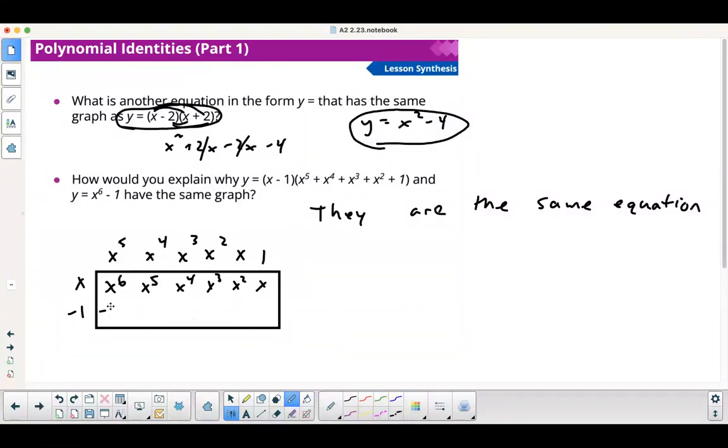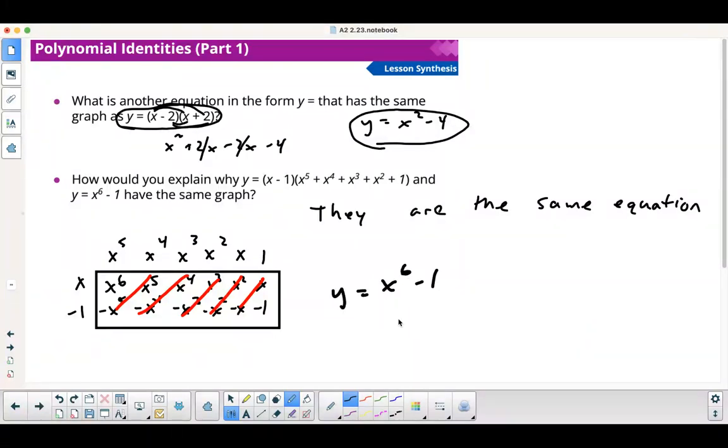And then I'd get all the negatives here, and I would just kind of say that they end up always canceling out. And I'd say, oh, okay, so these cancel, everything cancels out except for the first term and the last term, and I end up getting these two multiplied together, ends up equaling y equals x to the 6 minus 1.